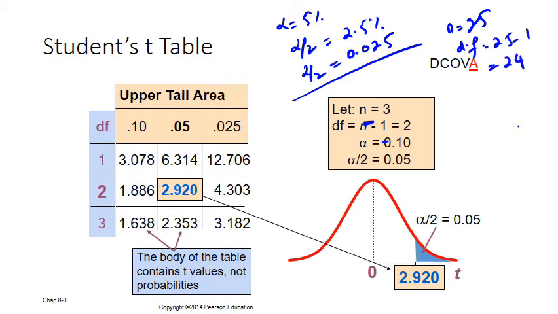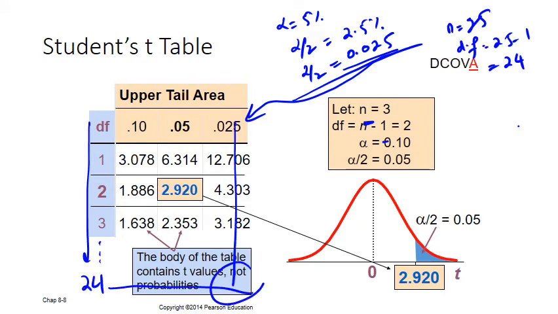So we see where 0.025 is in the table and where 24 is. Whatever number you see here would be your degrees of freedom. In this other case our n is 3, so degrees of freedom is 2, and alpha by 2 is 0.05.